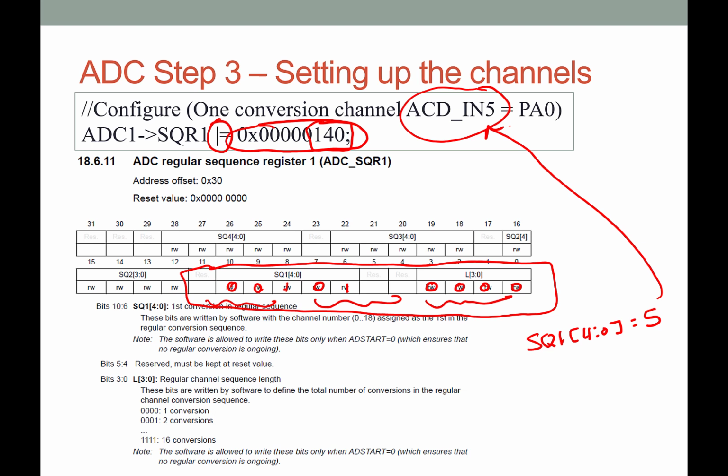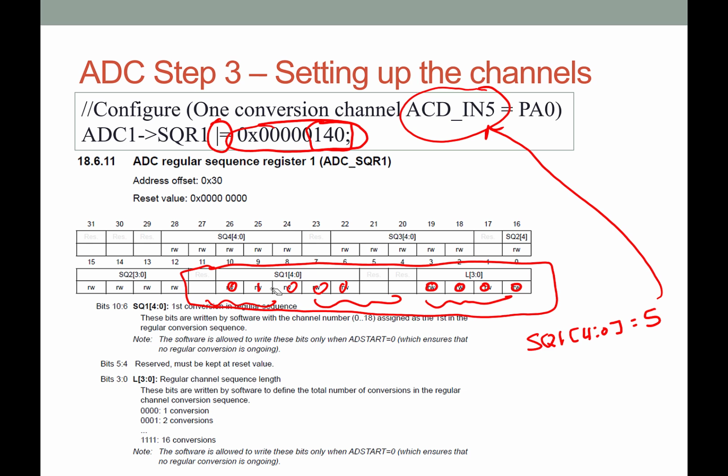So if I wanted to convert channel 1, then I would have that. If I wanted to convert channel 8, I would do that. So the channel that you want to convert is what needs to be put in that SQ1 register.